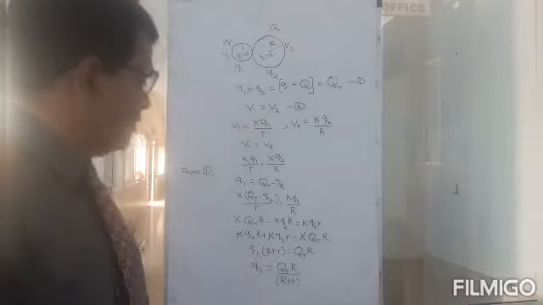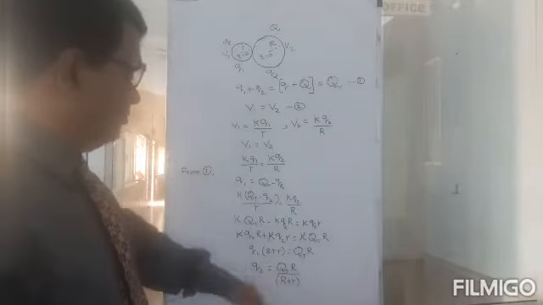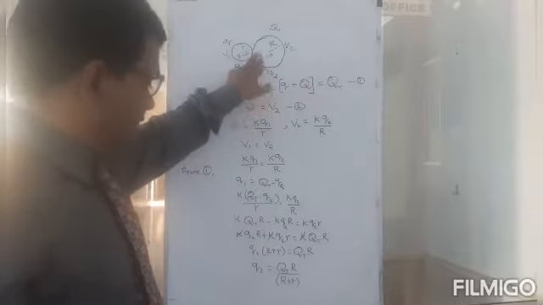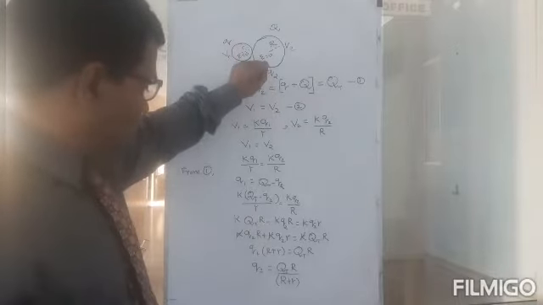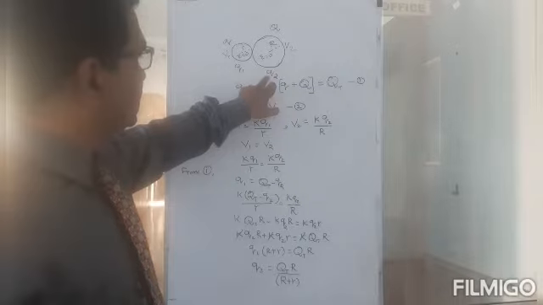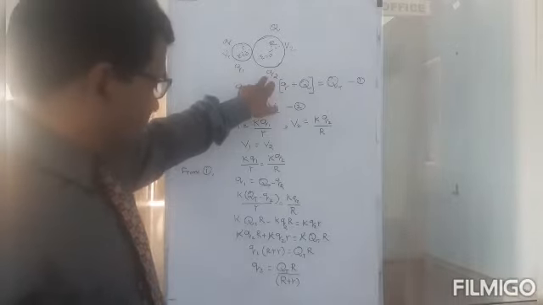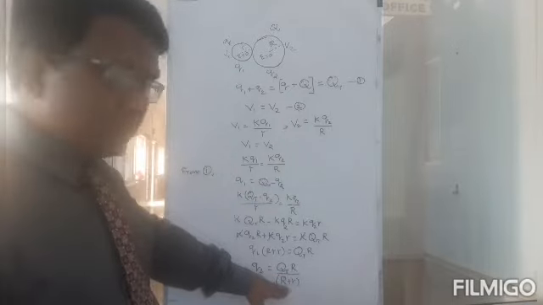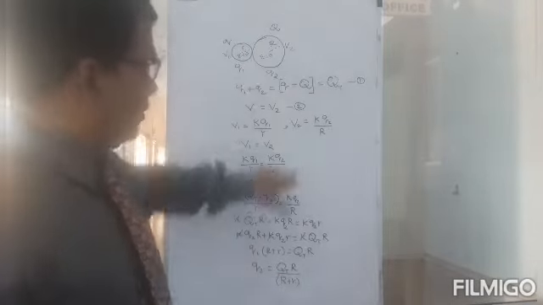Okay? And you see this Q2 is actually Qt R by R plus r.